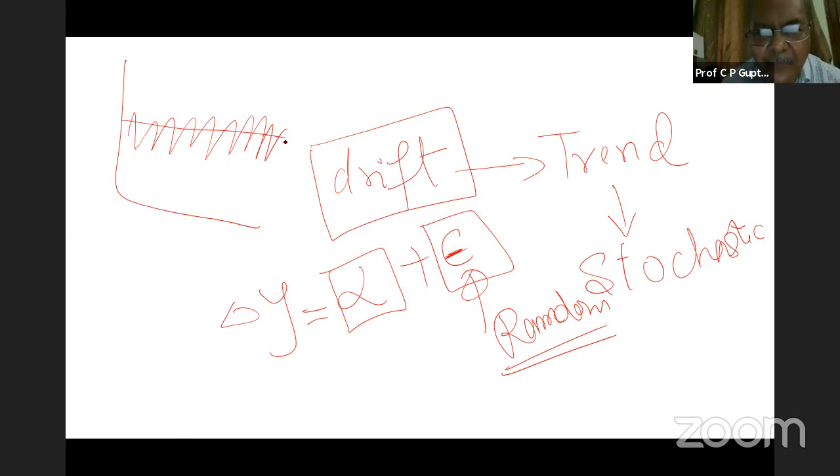On an average, returns have to be some positive number, therefore it should have an intercept. On the other hand, if you see the price data, that looks like this, which is having a trend as well as an intercept. So by looking at the graph, you can get an idea whether the series is having trend and intercept.